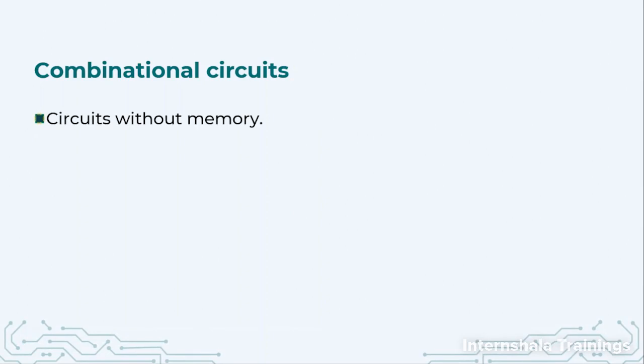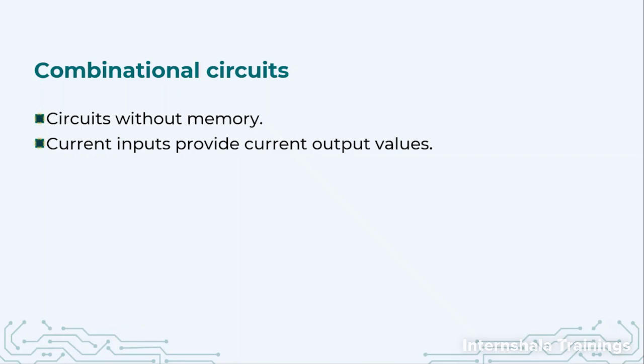These are the circuits which do not have any memory. That means they do not depend on the past values of outputs. In these circuits, the outputs will always depend on the current value of inputs. Here we need logic gates to implement.